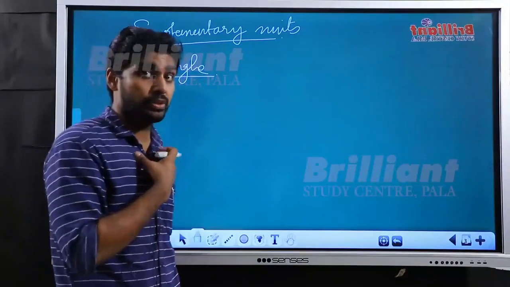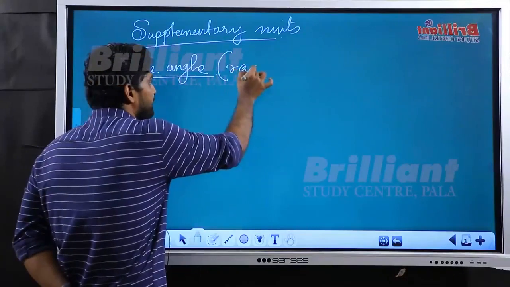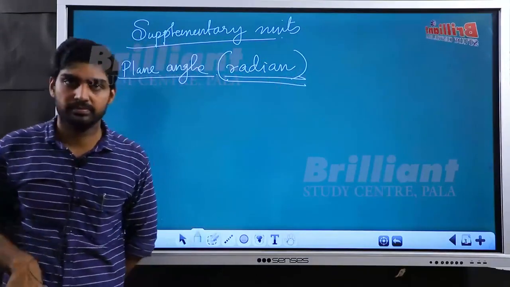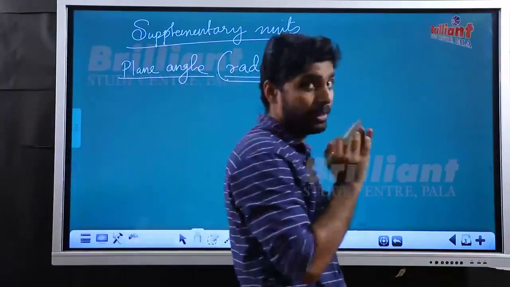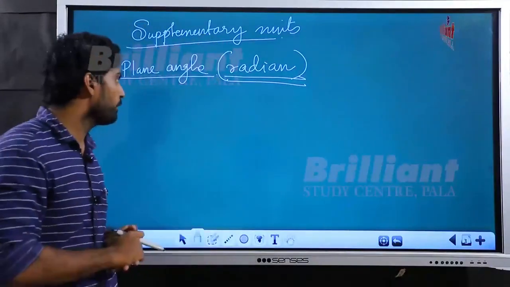But the unit of angle that we are going to study about is radians. Actually, the unit of plane angle is radians. It can be converted into degrees, about which you will study.